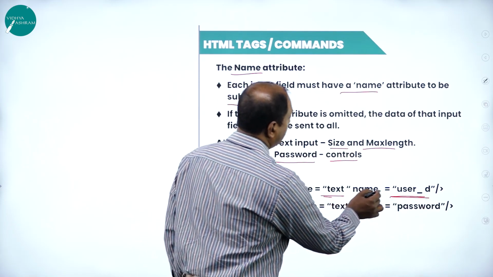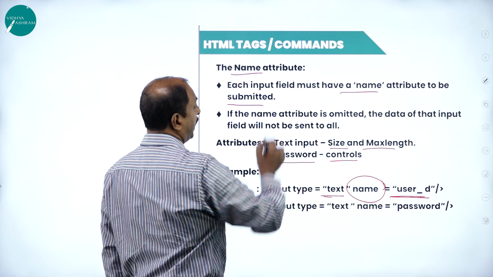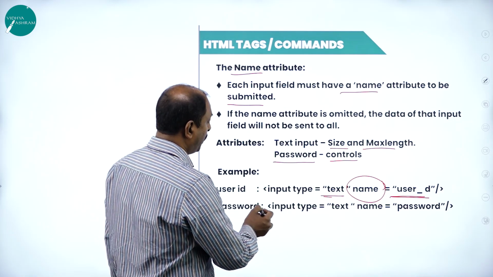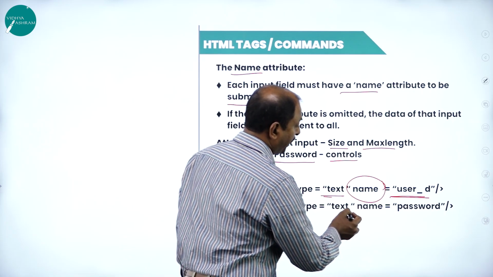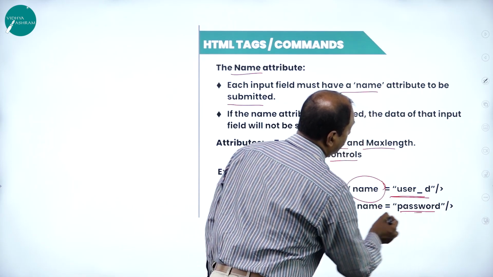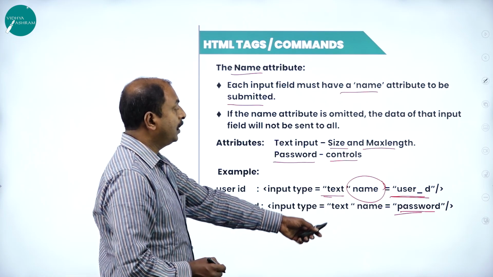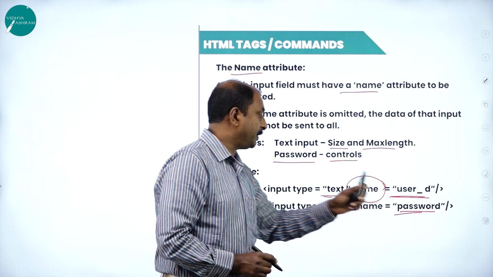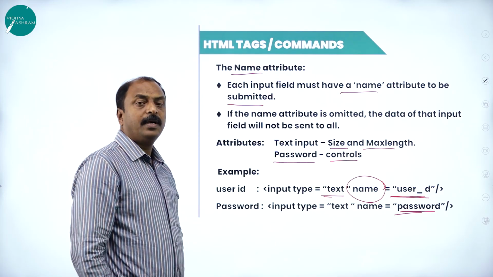This is the name attribute we are using with the input tag. Similarly for password, input type equals password, name equals password. Here name is the attribute, userID and password are the values. So this is the name attribute.